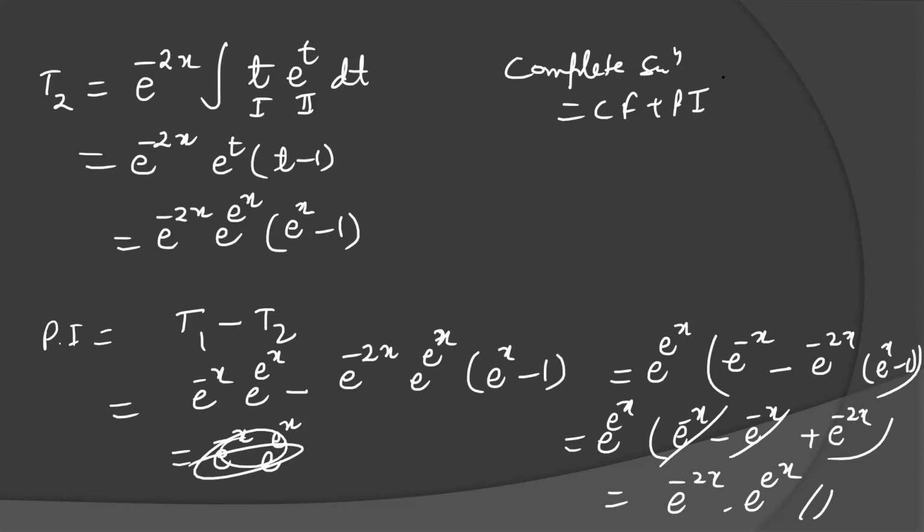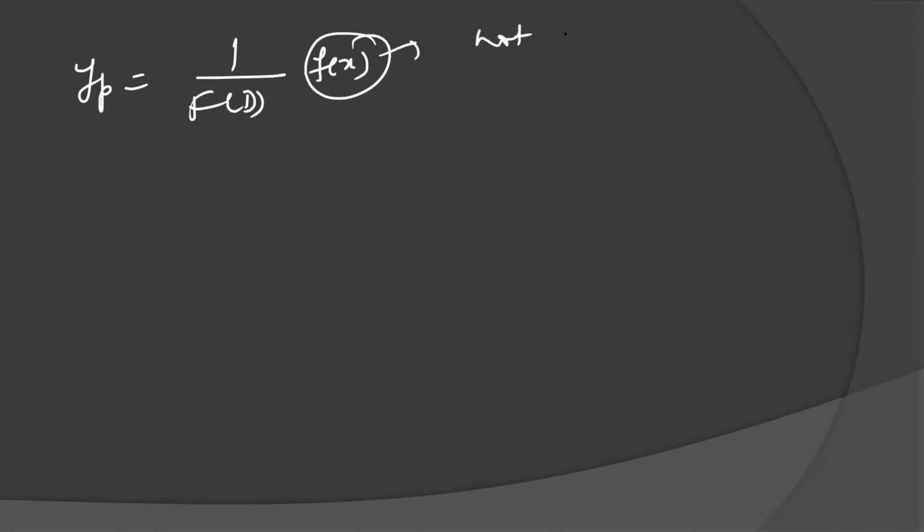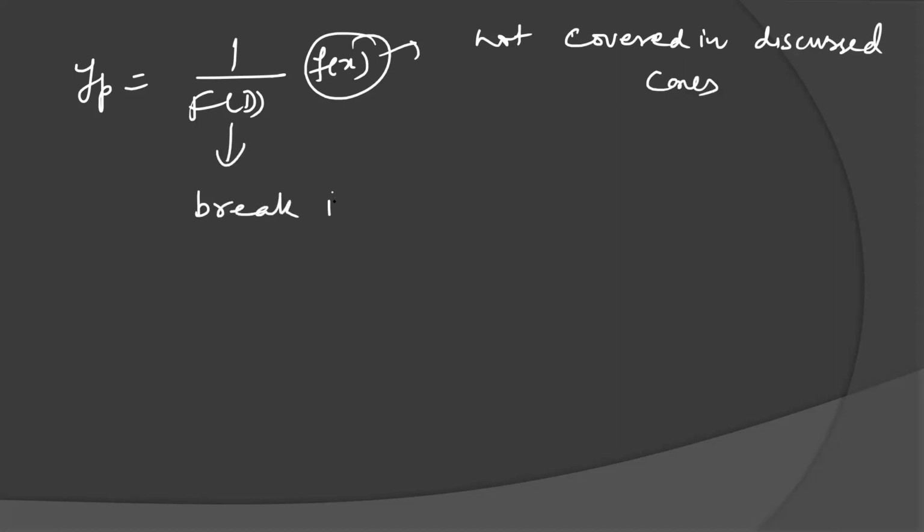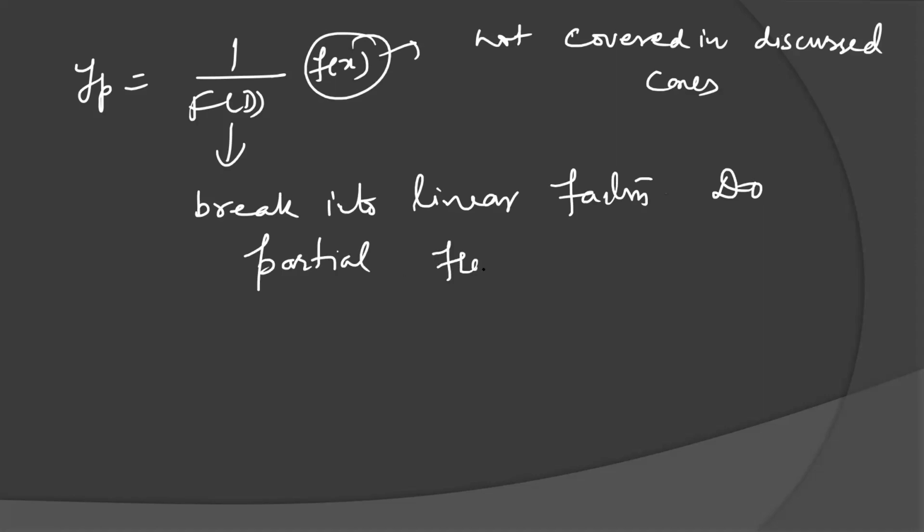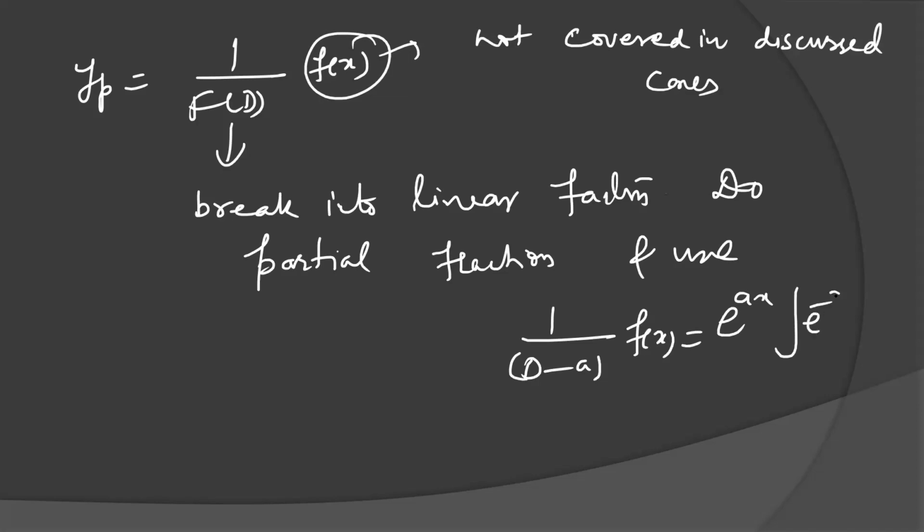The last remark is, if you are going to find the particular integral of any function 1 over f(D) into f(x), and it is not covered in the discussed cases, any general function, then break f(D) into linear factors, do partial fractions, and use the result 1 over D minus a into f(x) equals e to the power ax times the integral of e to the power minus ax f(x) dx.